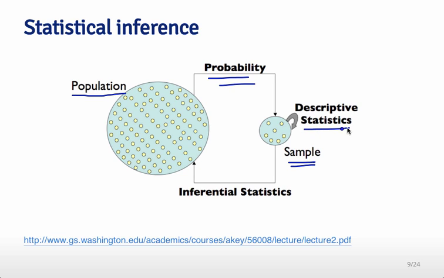They would then calculate descriptive statistics, say the total number of donations that they got over a certain number of visits, or the average amount of donations they got over a certain number of visits. And then they would use inferential statistics to try to decide if the statistics that they'd calculated on this small sample would play out in the same way if they applied it to the large population of all people that might come to the website.